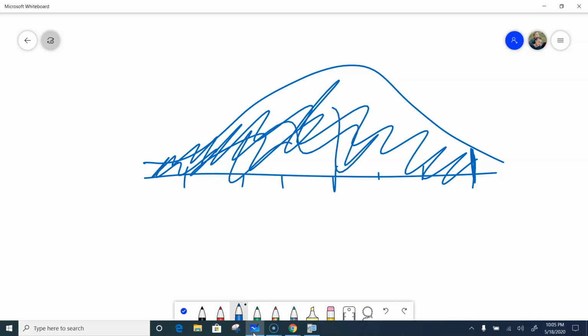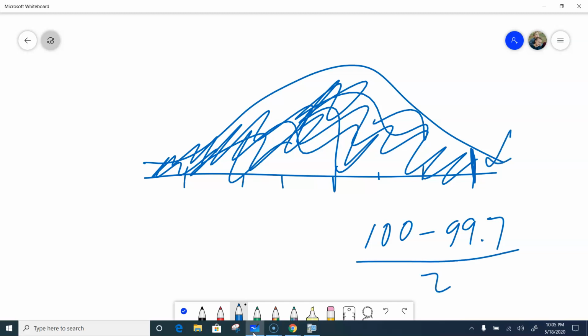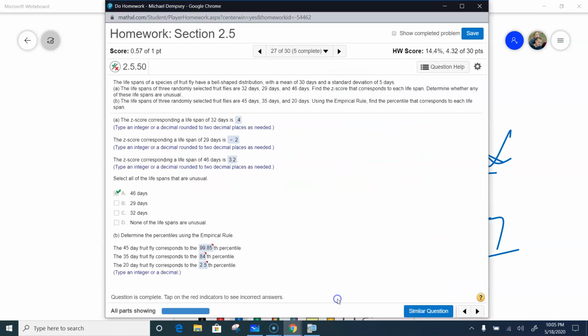You have 99.7 inside here. So if we take 100% minus 99.7 and then just divide that by 2, that's the area in this tail. So this percentile is everything else. Okay, that's where 99.85 comes from.